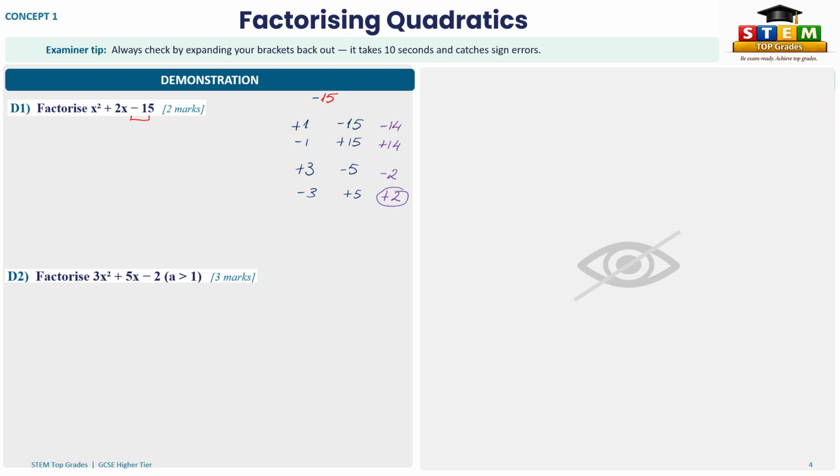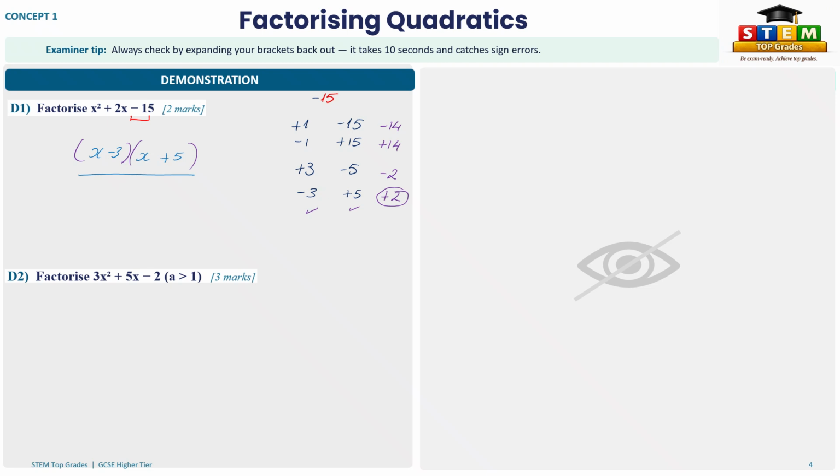So our candidate factors are therefore negative 3 and plus 5. So the way we're going to expand this 15 is using negative 3 and plus 5. Therefore, the factorization goes like this. Inside the brackets, you're going to get x in both brackets, and then we just copy negative 3 and then plus 5. So this is our solution for 2 marks.